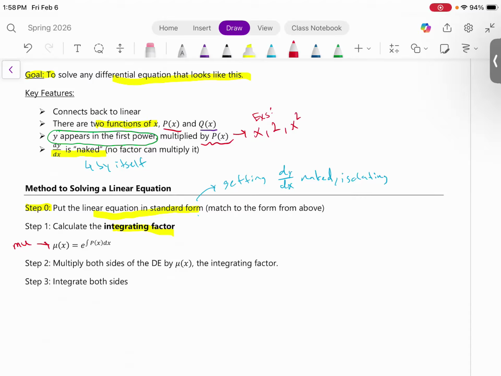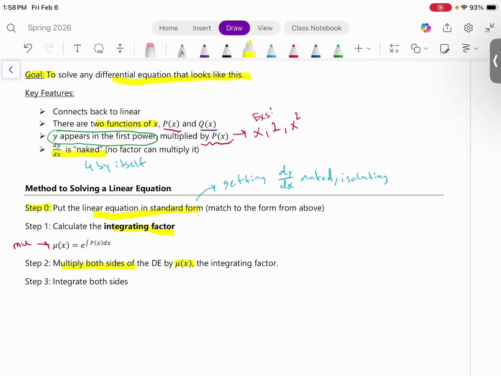So that would be our integrating factor. We'd calculate it and we would get some mu. And what we would do with that mu after in step two is multiply both sides by that mu, which is the integrating factor.